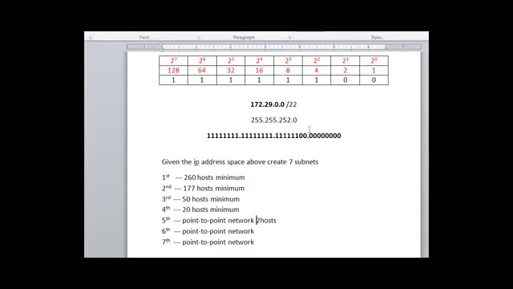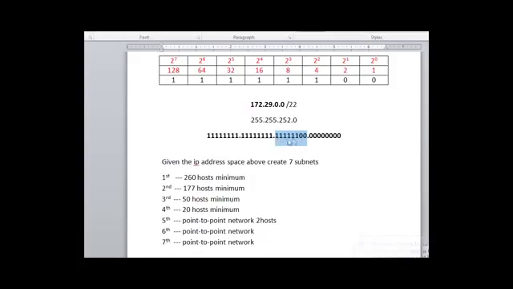That's what point-to-point network means. Okay, so the first thing to do is to figure out this address space. What is the full network address space of just this address? So if we start with 172.29.0.0, and that is the network, where's the broadcast number? Where does it end? Well, when we take /22 and put in decimal and put in binary, we see that this is the octet where we have borrowed bits.